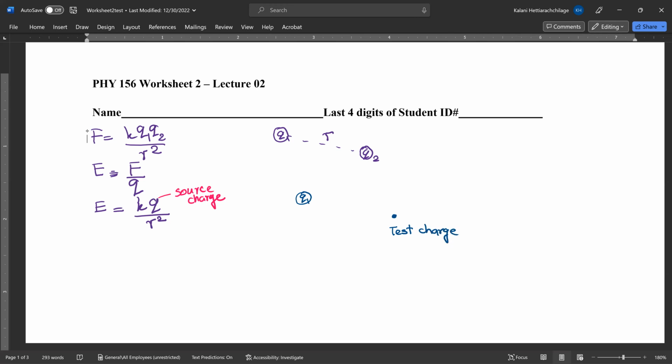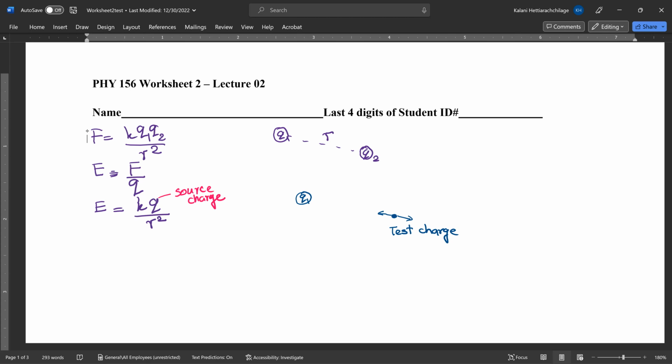So now, if this Q1 creates an electric force, if it is positive and positive, they're going to repel each other; negative and positive, they're going to attract each other, right? But if you take the test charge, if I have Q1, then this test charge will feel that it is going to be absorbed into here or repelled from here.